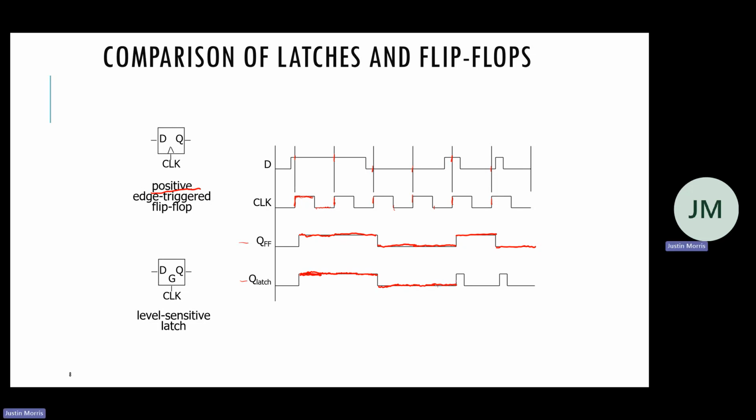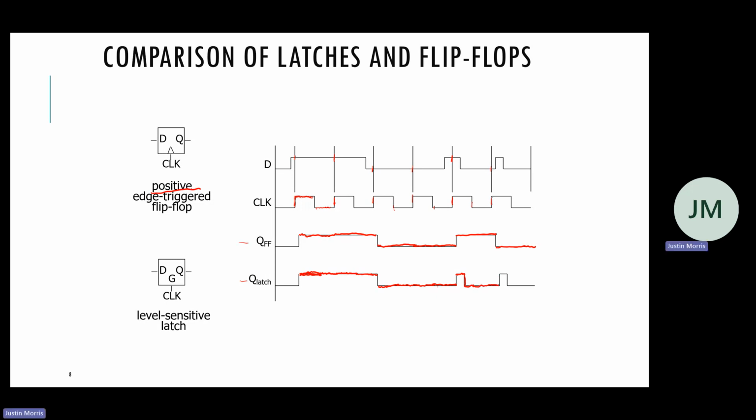And then here's where it gets a little bit different than the flip-flop, right? Clock is 1, and while clock is 1, we are transparent. D is initially 1, but while clock is still 1, D changes to 0, so we change to 0. And then while the clock is 0, we hold that 0.